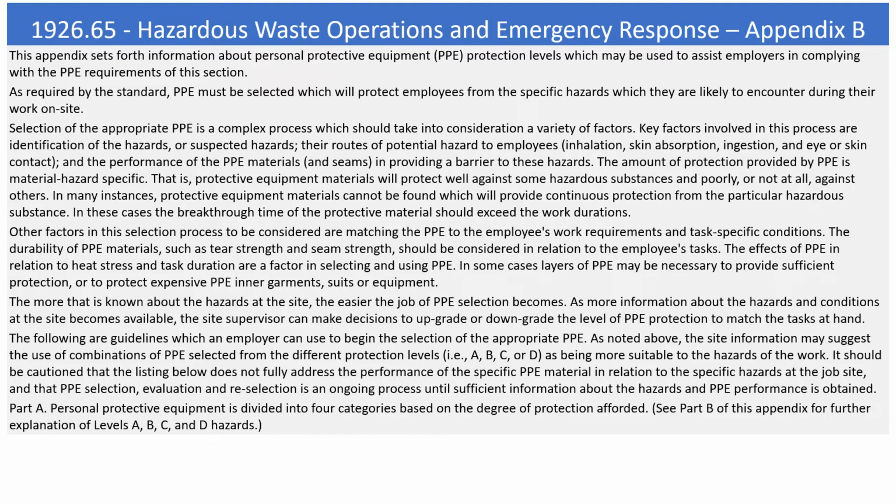It should be cautioned that the listing below does not fully address the performance of the specific PPE material in relation to the specific hazards at the job site, and that PPE selection, evaluation and reselection is an ongoing process until sufficient information about the hazards and PPE performance is obtained. Part A. Personal protective equipment is divided into 4 categories based on the degree of protection afforded. See Part B of this appendix for further explanation of levels A, B, C, and D hazards.